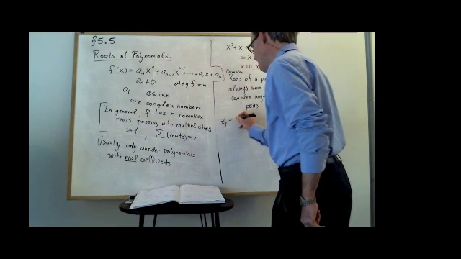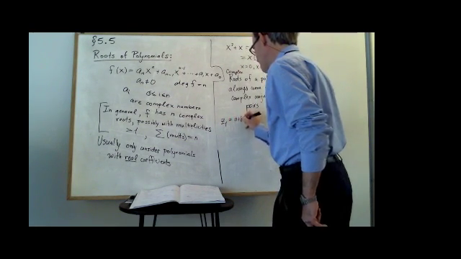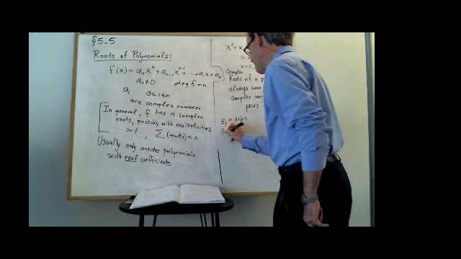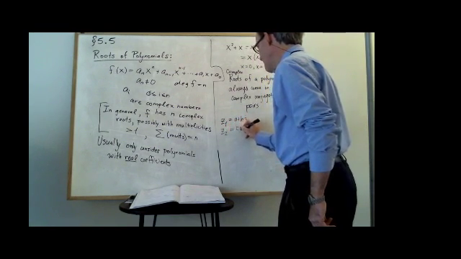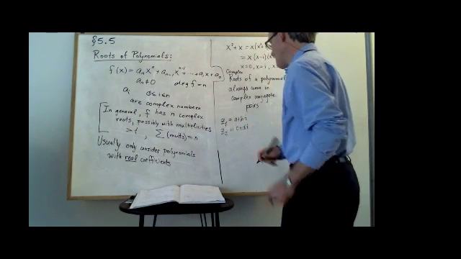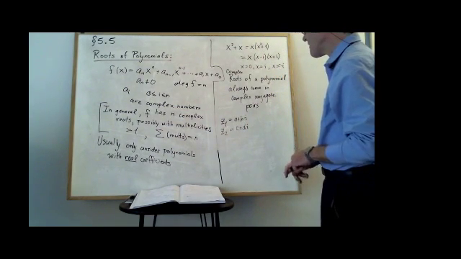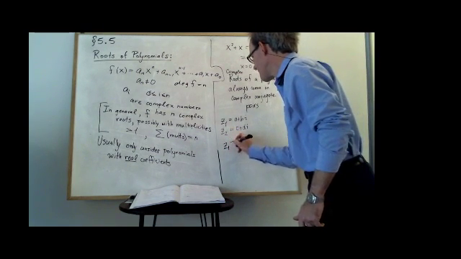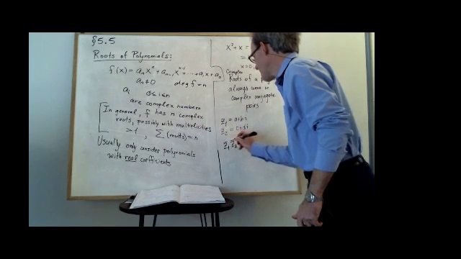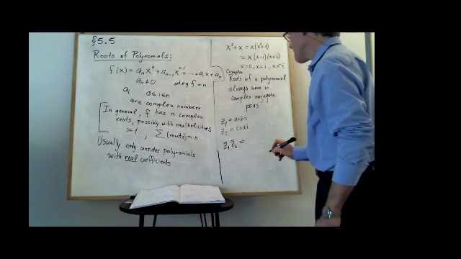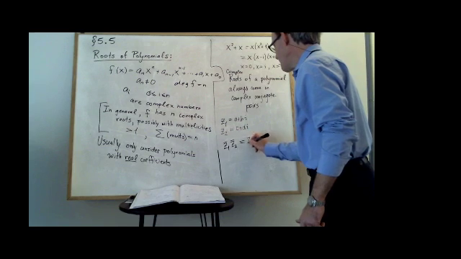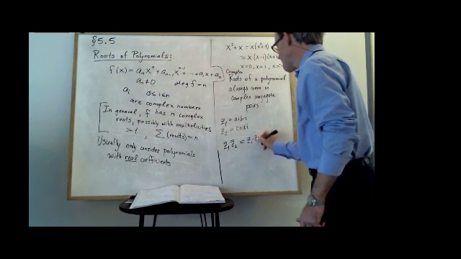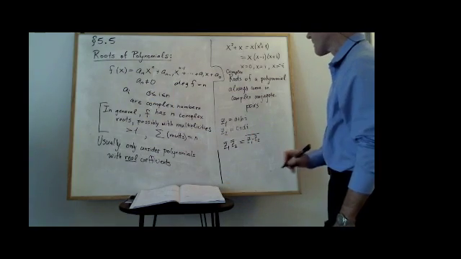So if z1 is one complex number, a plus bi, and z2 is another complex number, c plus di, then I want to show you that if you take the complex conjugates and then multiply, you get the same thing in the end as you would if you first multiplied the complex numbers, z1 times z2, and then took the complex conjugate.